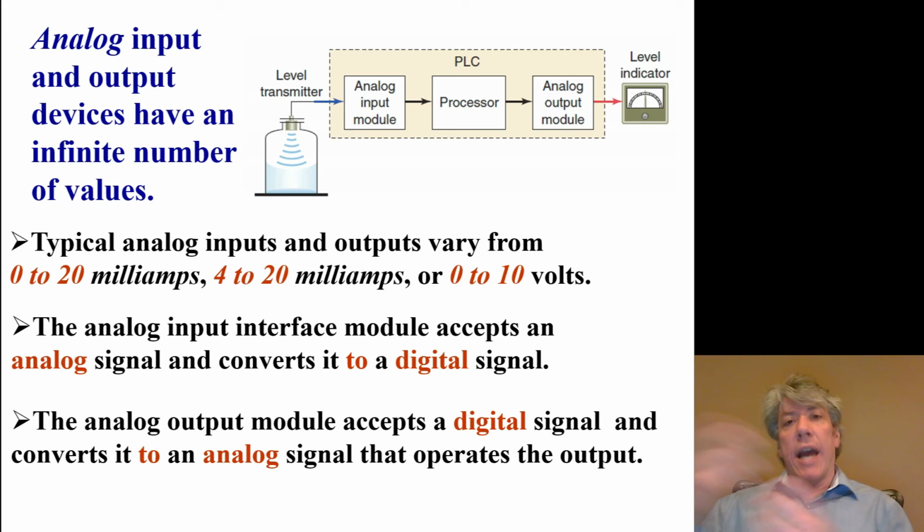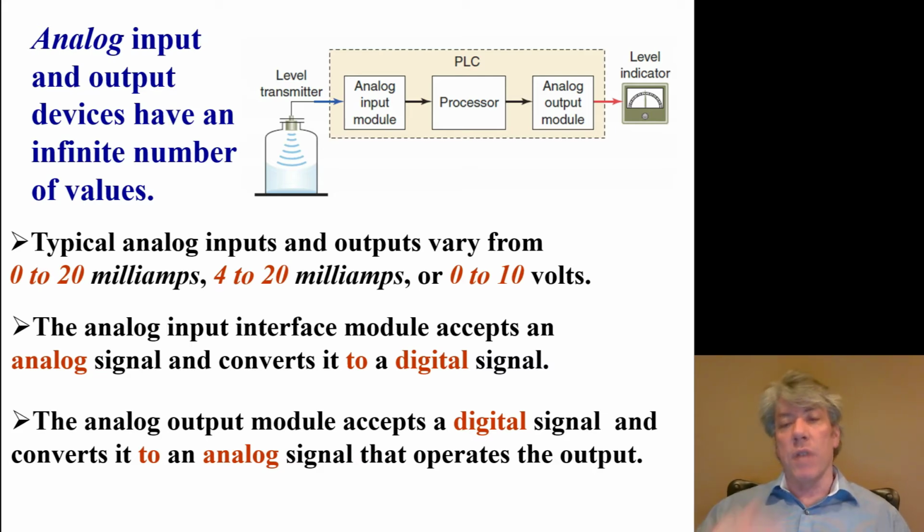Now, analog output modules act on the other end of the processing in the PLC, and what they do is take a number within the PLC and convert it to a continuous output signal. Obviously, this is a discretized signal as well in time and amplitude. And so maybe your analog output module drives a level indicator, or maybe it drives a valve, a proportional valve.